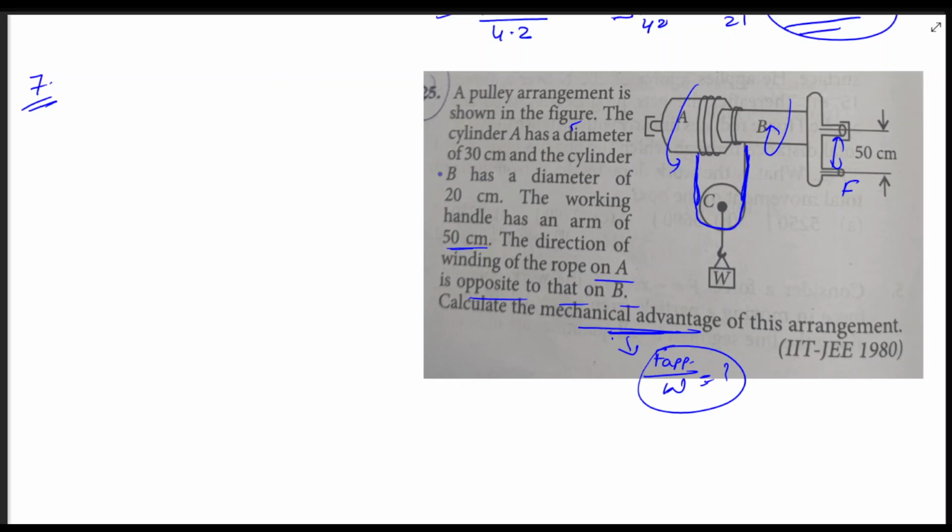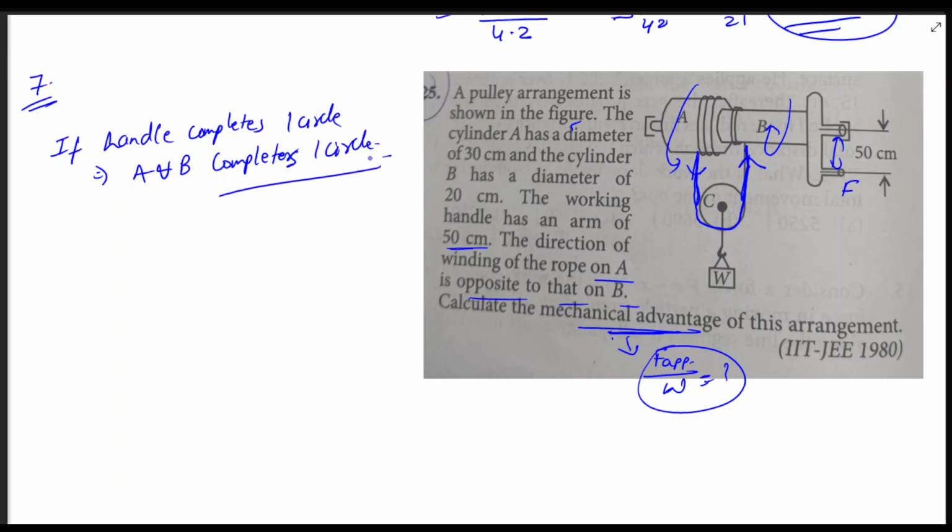So let's solve it. Now look, if A and B are rotating in opposite directions, so if B is taking the wire, then A must be releasing the wire. Okay, so let's say if this handle completes one circle, that implies A and B complete one circle.